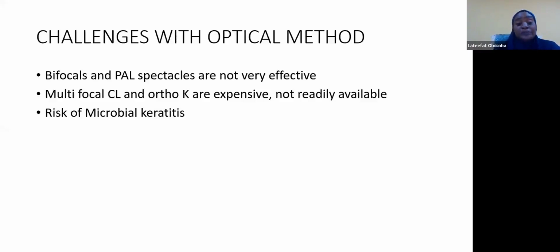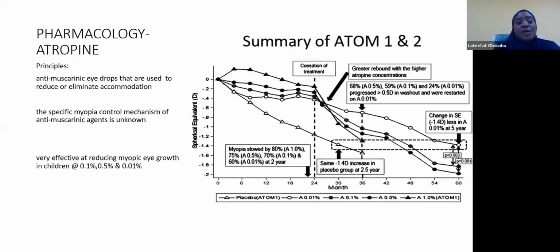The pharmacological intervention with the use of atropine is another intervention that has been designed to limit the progression of myopia in children. And the efficacy of atropine has been established by randomized clinical trials done in Singapore, the Atom 1 and the Atom 2 trials.